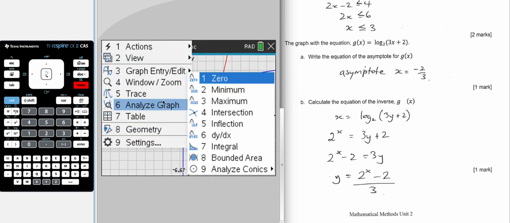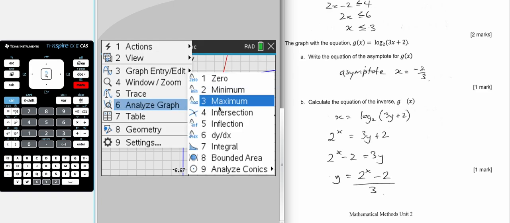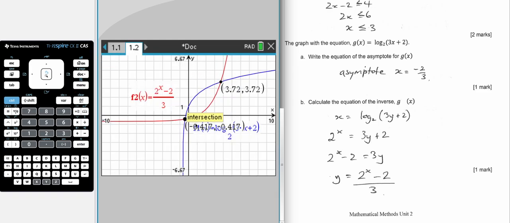So you can do analyze graph, intersection, and there's the first one, analyze graph, intersection, and there's the second one.